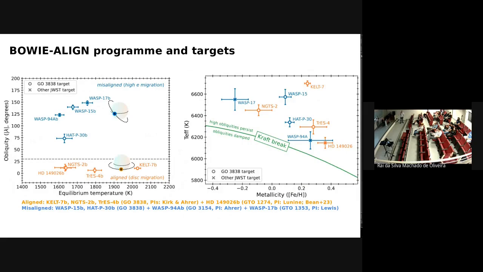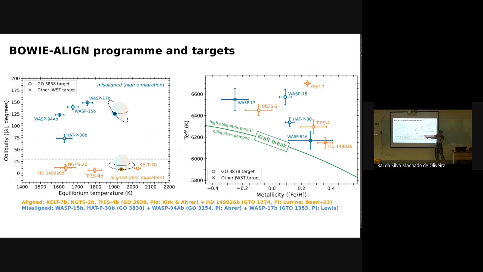So we chose planets for which we have a good estimate of the equilibrium temperature. So they're in a very certain range of equilibrium temperature, between 1600 and at most 2000 Kelvin, which is already one of the trickiest ranges for planets we have so far.